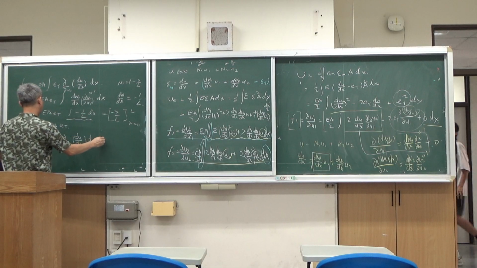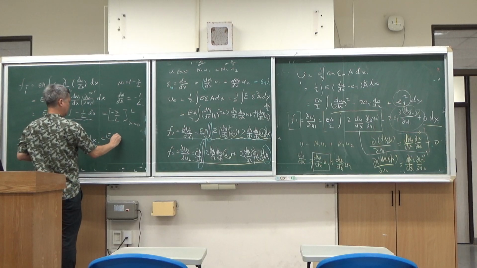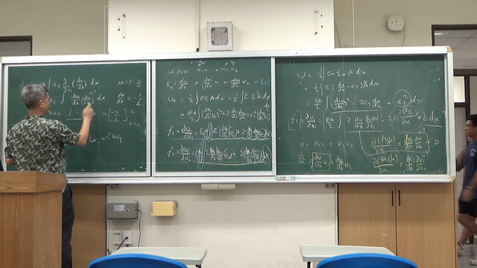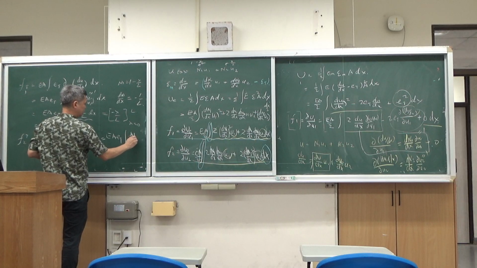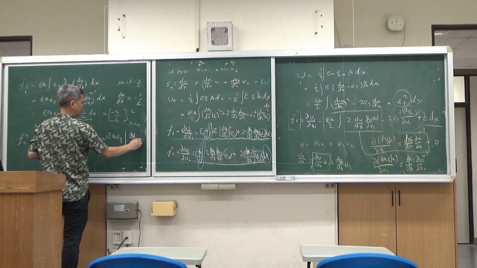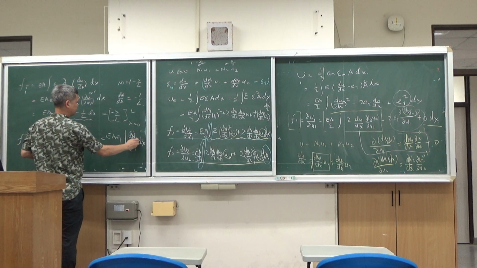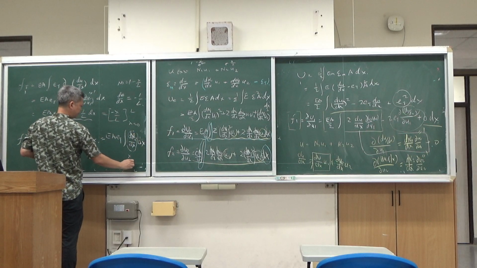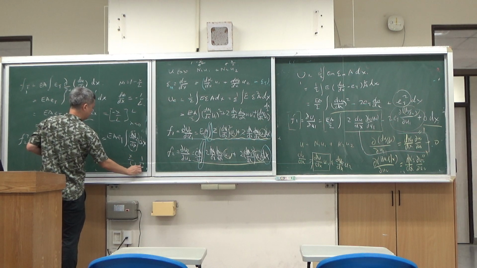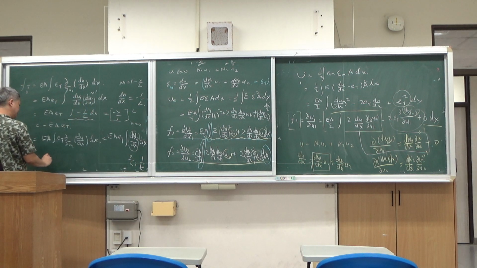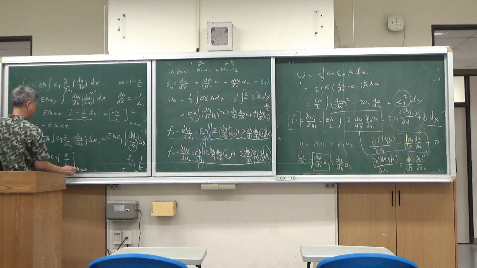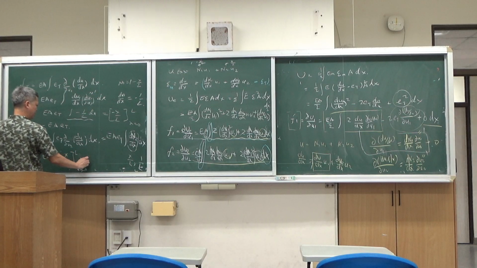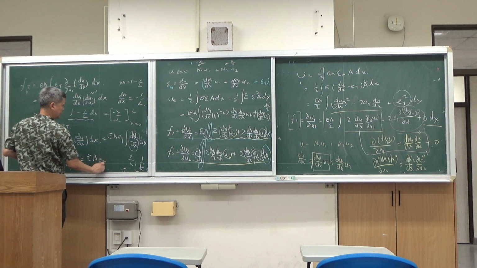You have the expression EA epsilon E times the gradient dN2 dx, and then dx. So what is the expression? N2 is x over L. After the derivative it becomes 1 over L. So now your integration is EA thermal strain times x over L, with x integrating from 0 to L. So in the end, you have your EA epsilon E.